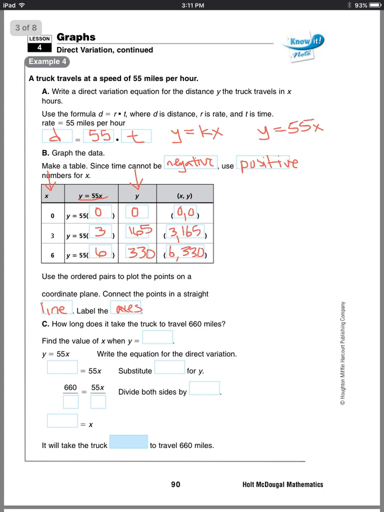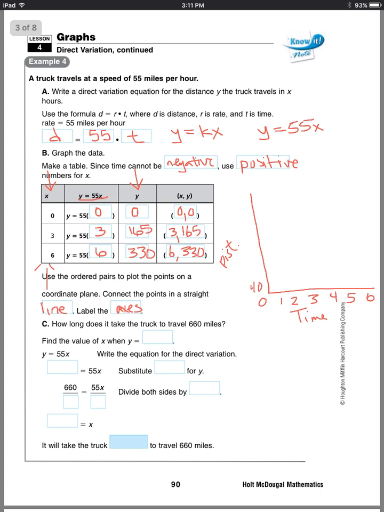So we're going to have over here the time, and we're going to have the distance. I'm just going to put a DIST there. And then we're going to have a 0 here. 1, 2, 3, 4, 5, 6. Okay, because that's our time, our x, right there. And our distance, we're going to have to count by different numbers.